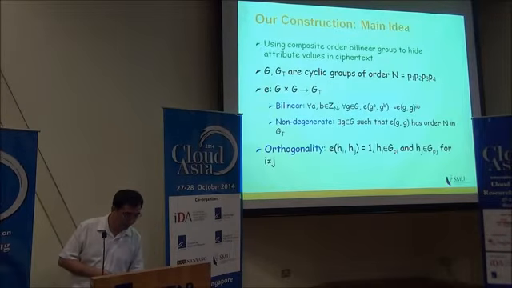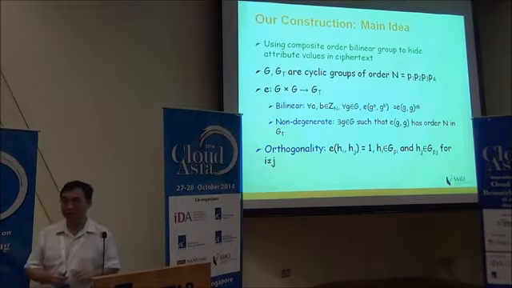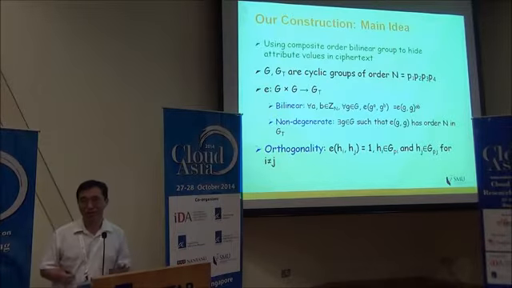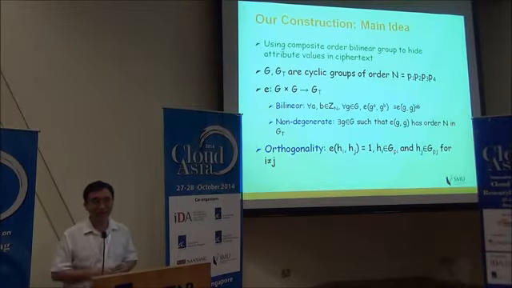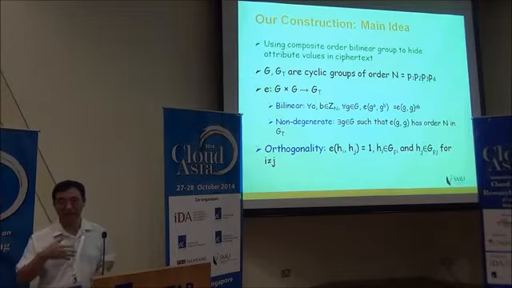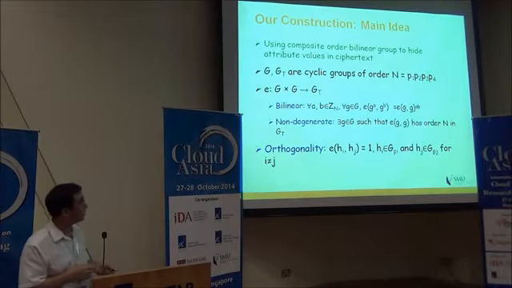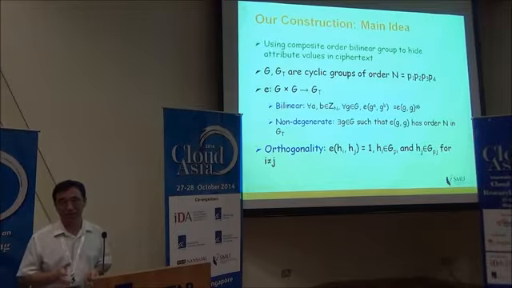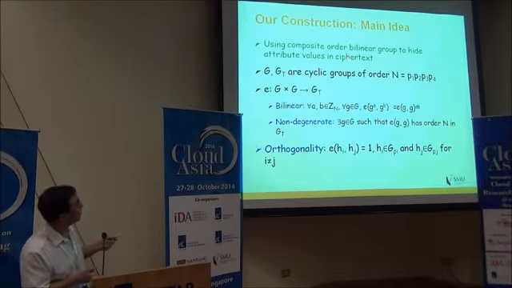Now, what is the correct solution? I'm not going to go through the details, but just tell you the underlying technique. For attribute-based encryption, the mathematics is bilinear mapping.